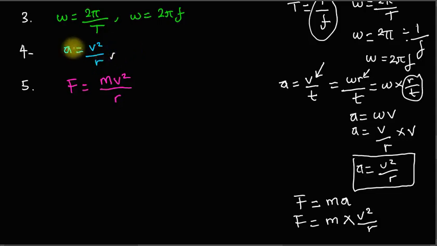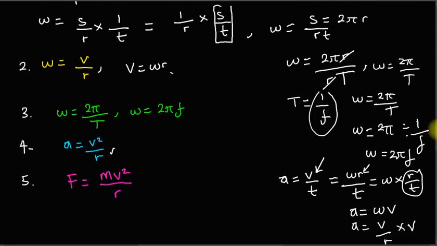Now it doesn't end there. Inside this equation, we have v squared. In place of v squared, we can use wr. Recall that tangential velocity is equal to angular velocity times r, right? So wr in place of v, so we are going to square it all over r.